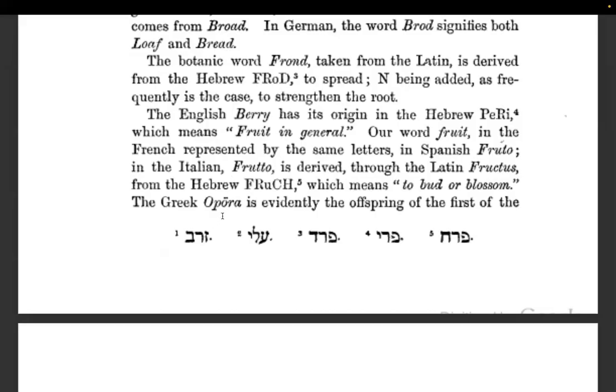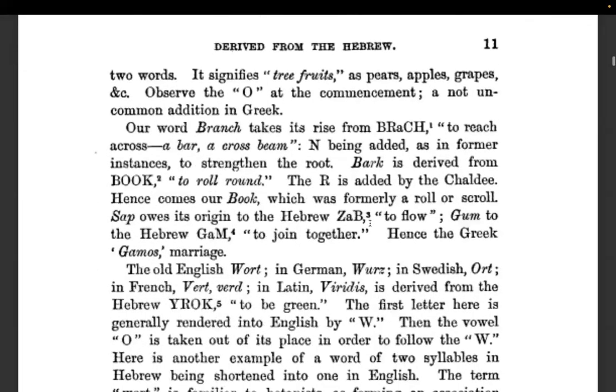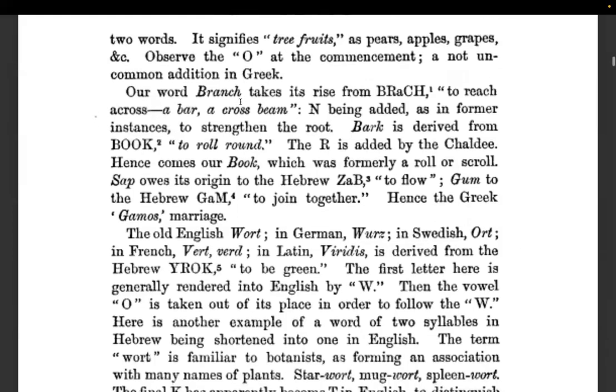The Greek opora is evidently the offspring of the first of the two words. It signifies tree fruits, as pears, apples, grapes, etc. Observe the O at the commencement, not an uncommon addition in Greek.